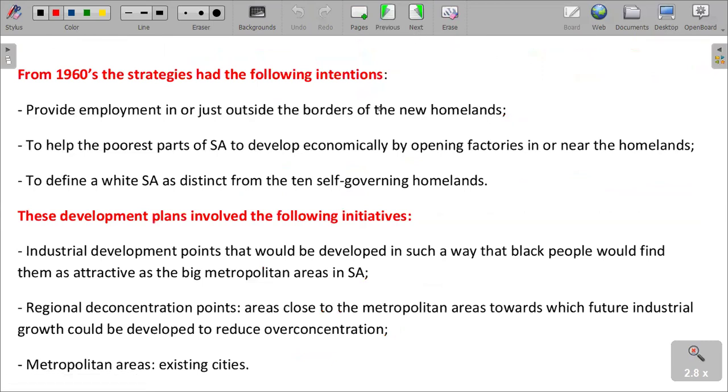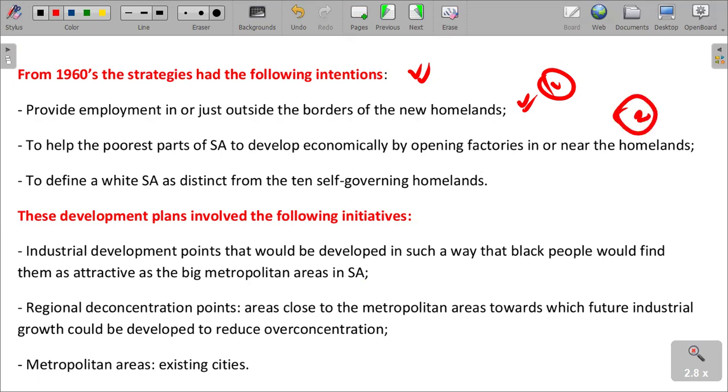So from the 1960s, the strategy had the following intentions. Basically, this is a summation of what we have already said. Provide employment in or just outside the borders of the new homelands, to help the poorest parts of South Africa develop economically by opening factories in or near the homelands.